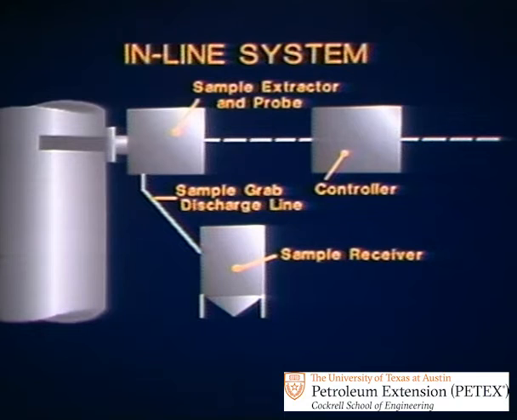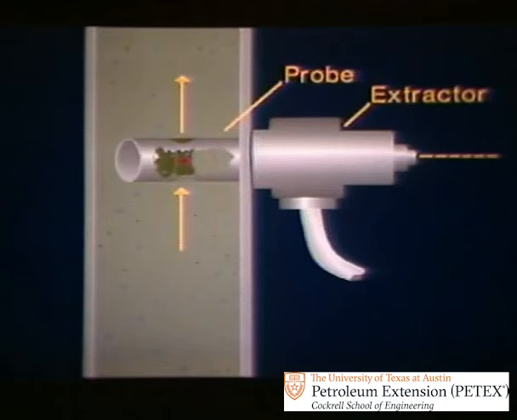Now let's look closer at components of automatic sampling systems. Using an inline system, let's begin with the combination probe and extractor. The combination probe and extractor mounts directly into the pipeline. Usually, it extends to the center of the line where the most representative sample can normally be grabbed.